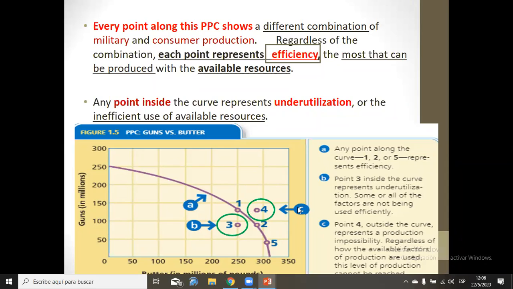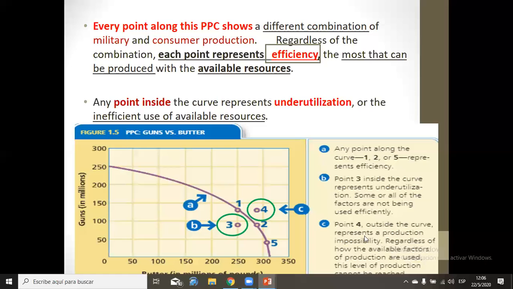Point number 3, this one, inside the curve, represents underutilization. What is underutilization? That you are not using all your resources efficiently. Some or all of the factors are not being used efficiently. And point number 4 is this one. You cannot move to that part.